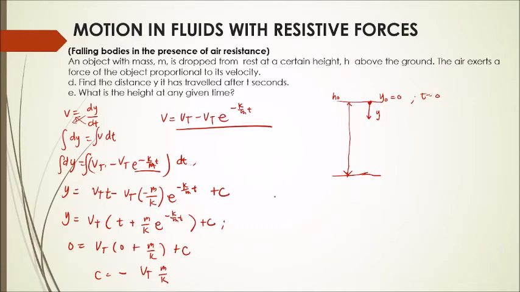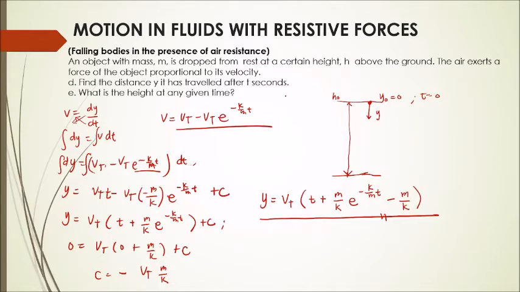Y is equal to v of t, which is common to all terms. We have t plus m over k times e to the negative k over m times t minus m over k. So, this is our equation for finding the distance. We cannot compute a value because no value is given. So, this is just a formula.